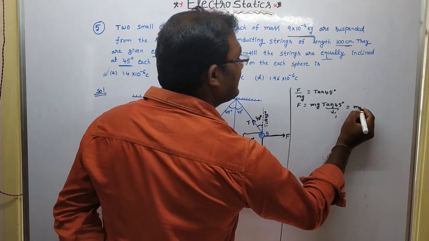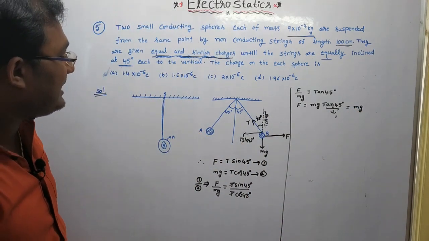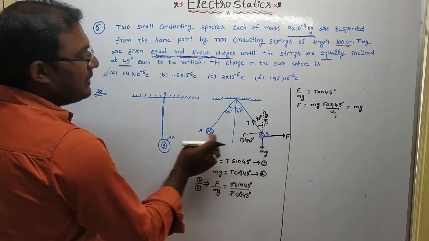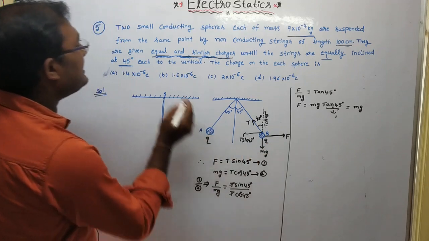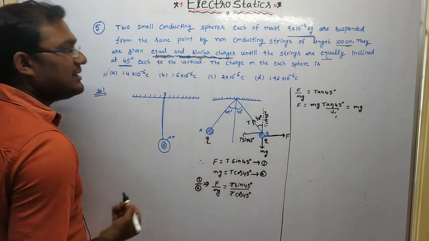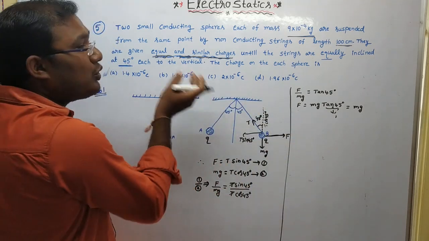But here F is the force of repulsion between the two spheres having the same charge, given by the problem, equal and similar charges. Therefore, the force of repulsion is nothing but the Coulomb force.